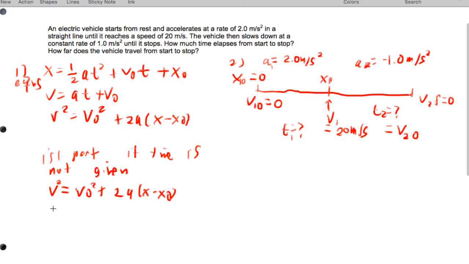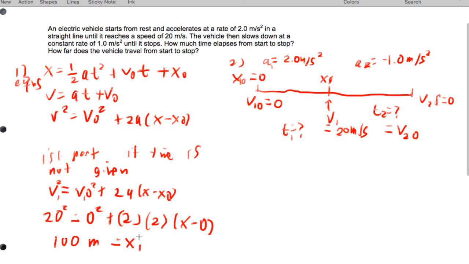Let's see where this leads us. I have a final speed of 20 meters per second for part 1. It starts at a speed of 0 plus 2 times 2 times x minus 0. When I simplify this, I get 100 meters for x1 final.